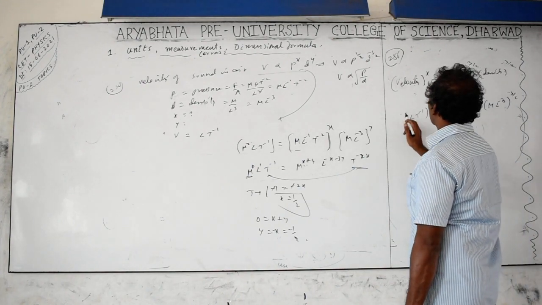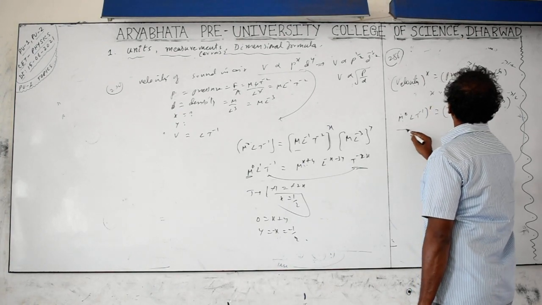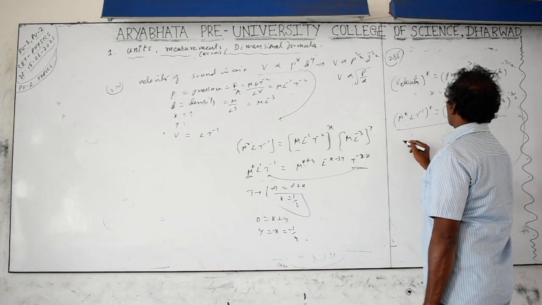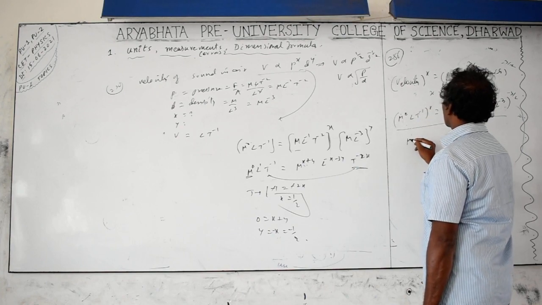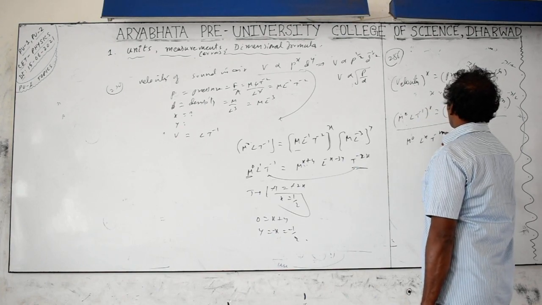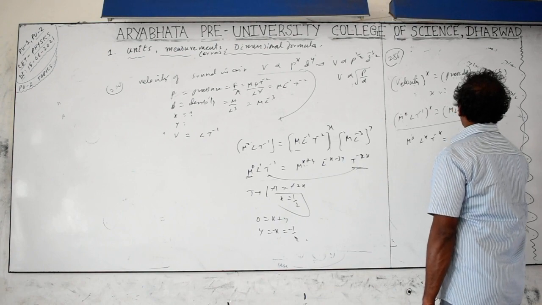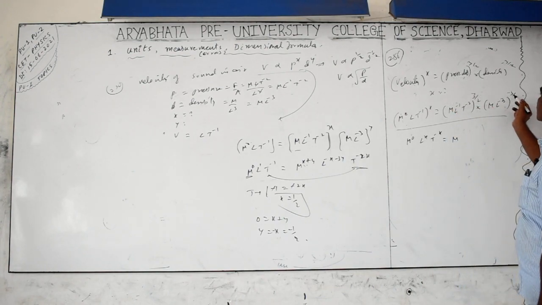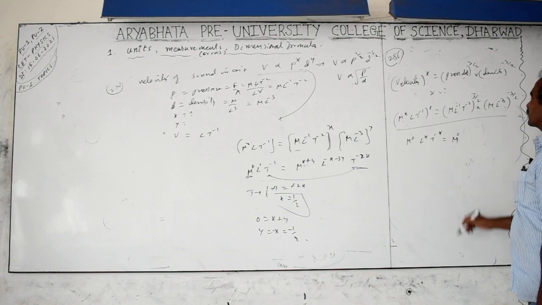Left side, mass is not there, so M to the power of 0. L to the power of X, T to the power of minus X, is equal to M to the power of plus 3 by 2 minus 3 by 2, which is M to the power of 0.